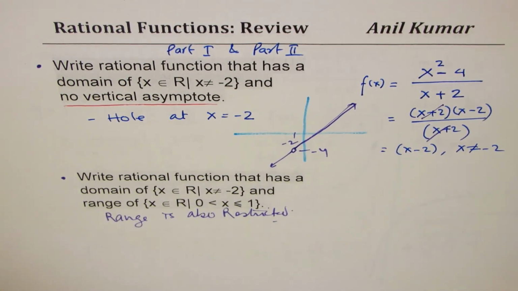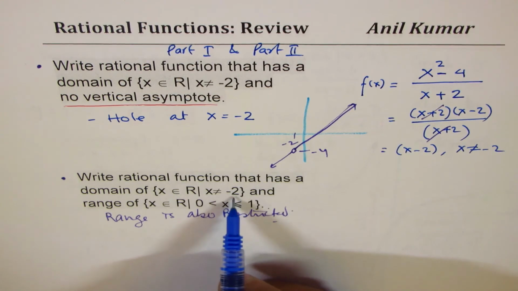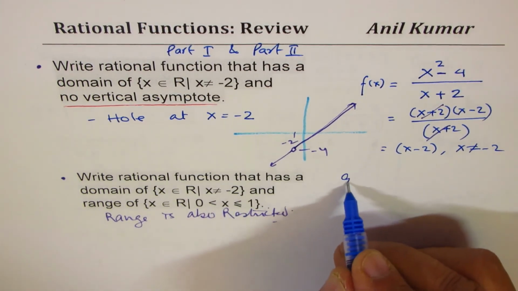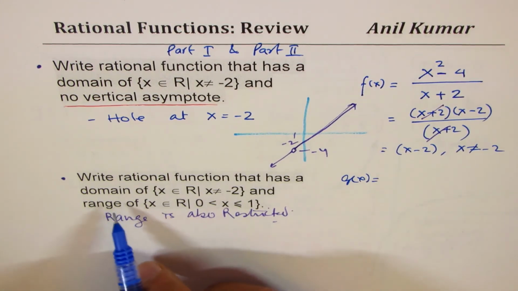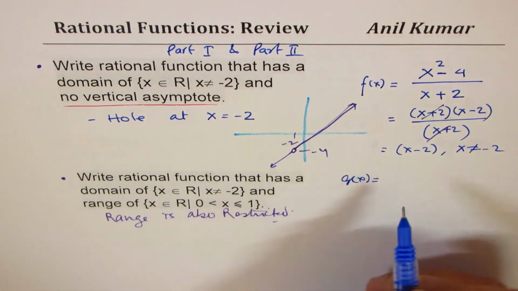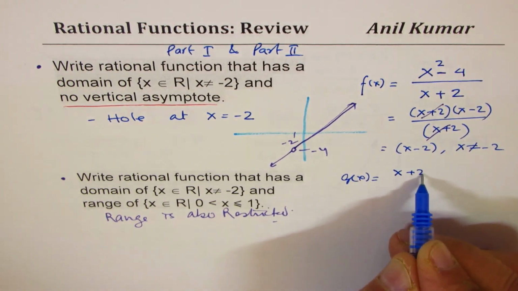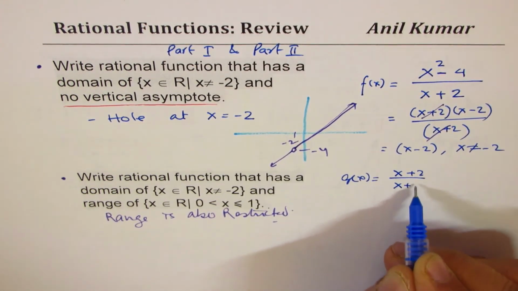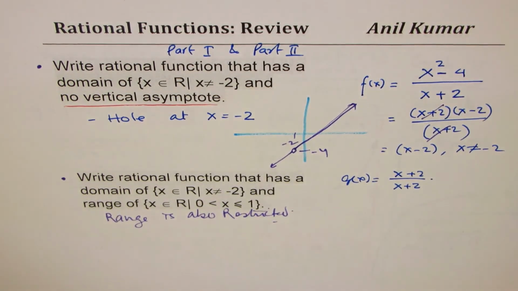Okay, so what could be the function? Since we are looking for a domain with a restriction, we can say g of x is equal to, but we are also looking for a range which is kind of like this, right? So we do have a factor x plus 2 in the numerator and x plus 2 in the denominator. So they will cancel out to give us that restriction.